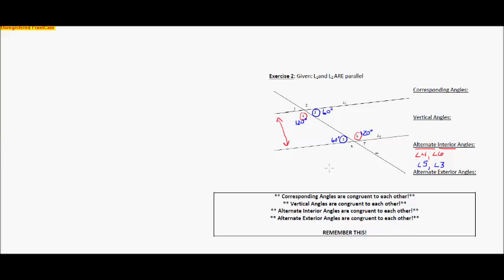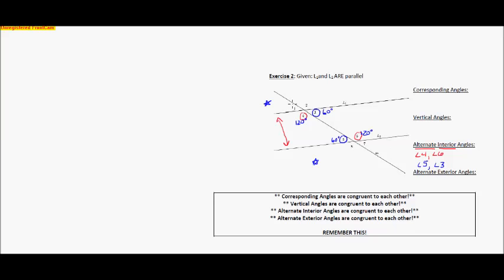Now, if you follow that, the next set are a pretty easy jump. Alternate exterior. Well, the exterior of those parallel lines would be out here, anything out here, and out here, anything on this side of the parallel line. So, do the same thing as what we just did, alternate exterior angles.